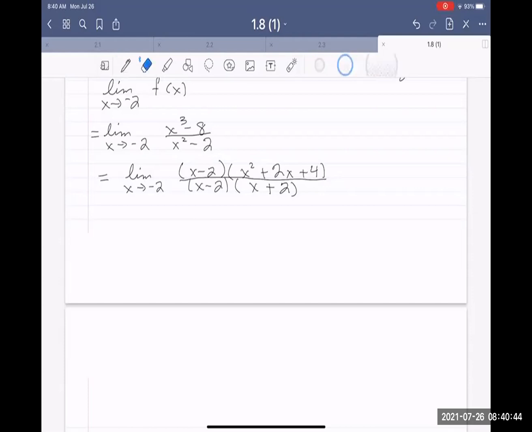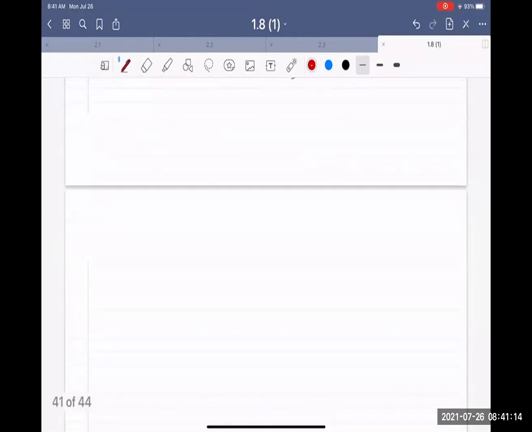Okay, so I can actually cancel here because these are going to be the same in a neighborhood of negative 2. So in a neighborhood of negative 2, these will still be the same. But let's look at this.